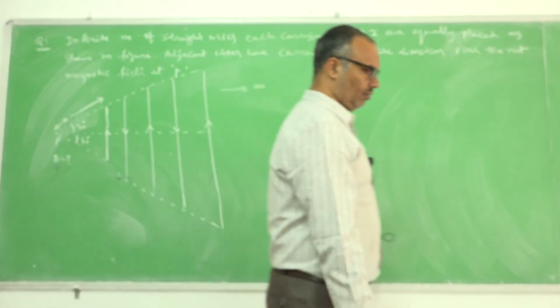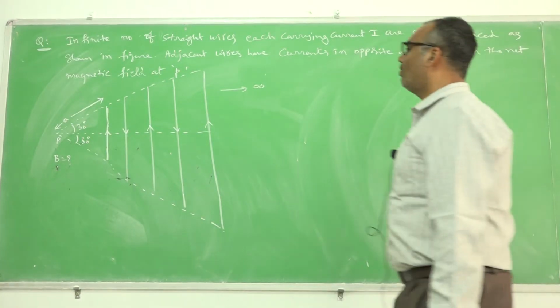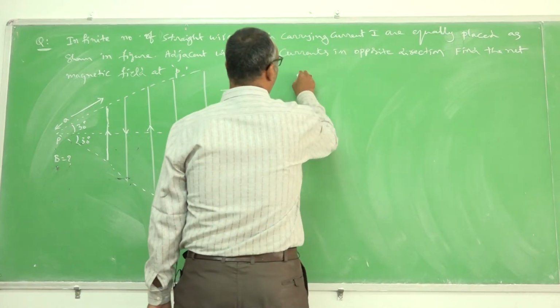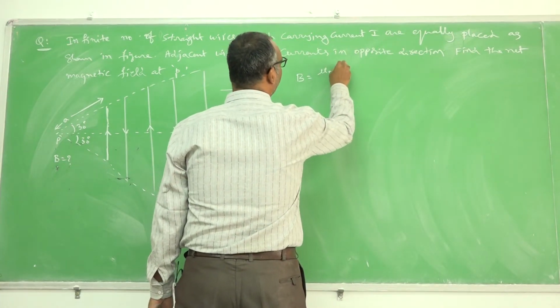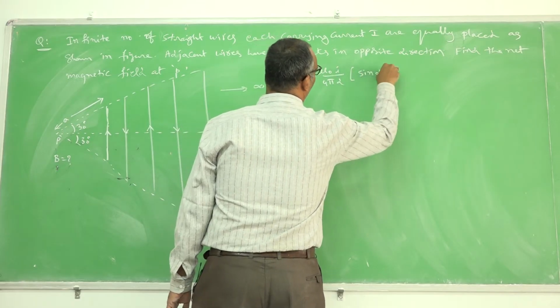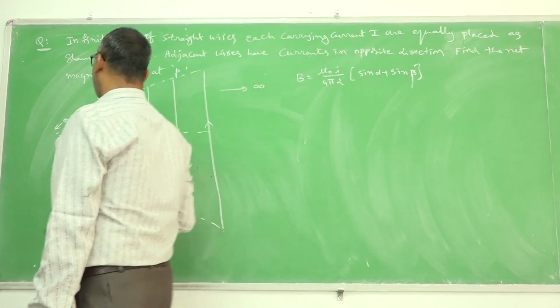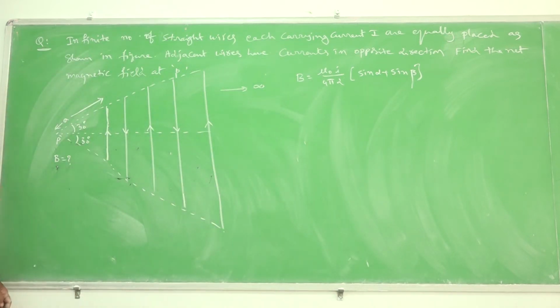As per the question, the magnetic field at P can have a general formula, mu naught I by 4 pi d (sin alpha plus sin beta). Clearly they gave the alpha value and beta value as 30 degrees only.